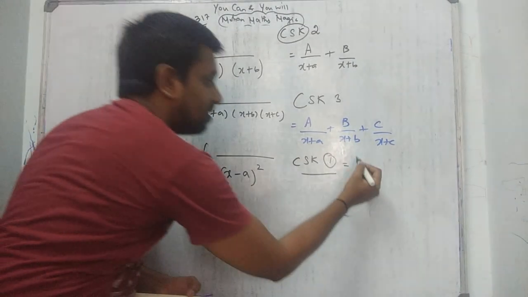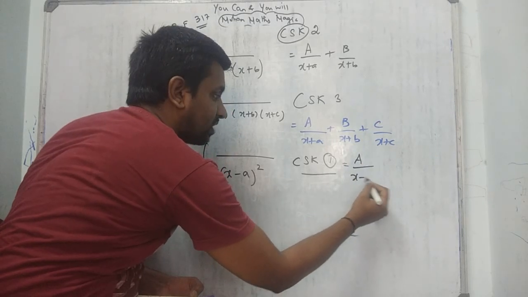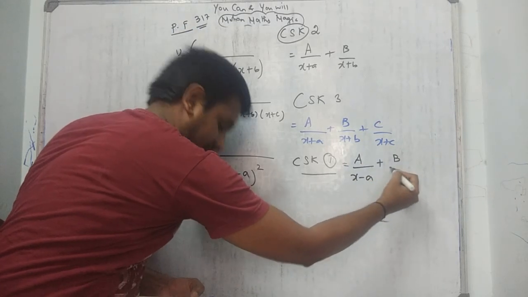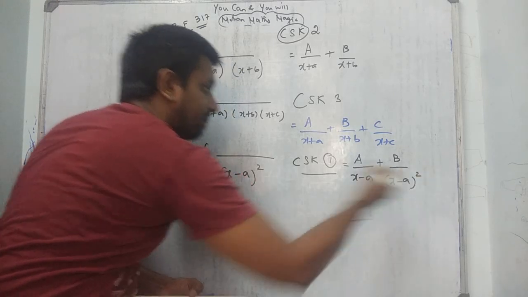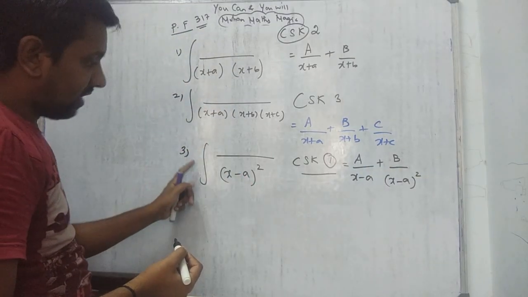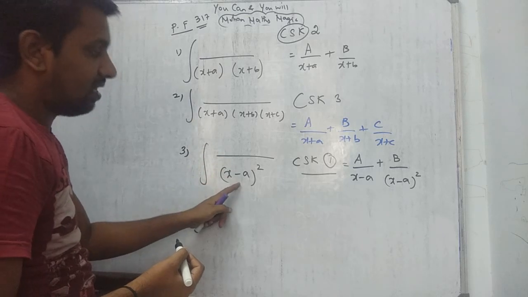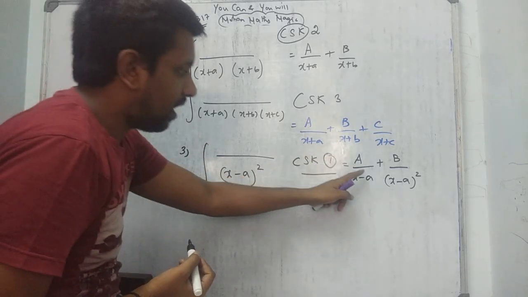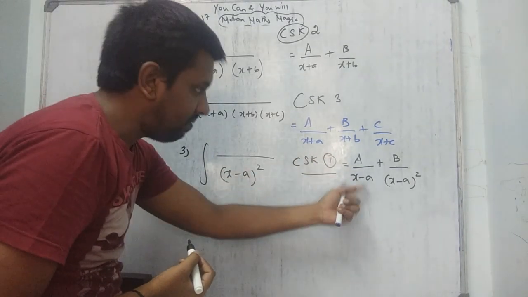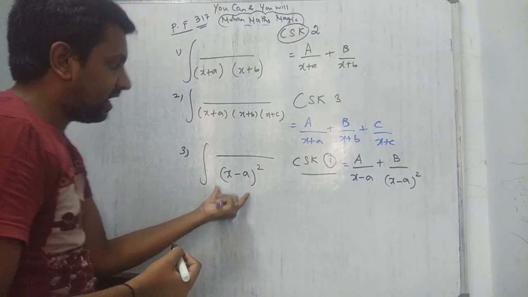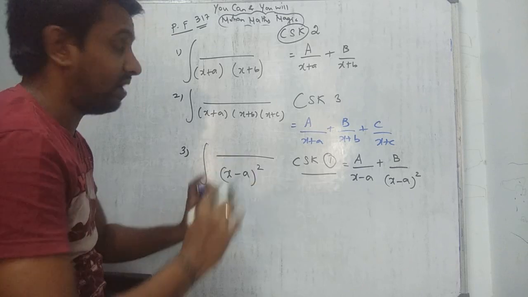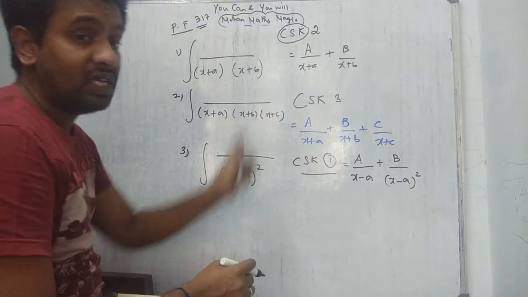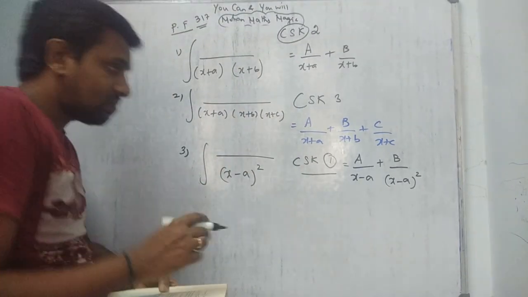The concept is A upon x minus a and B upon x minus a the whole square. I repeat, if the denominator is a whole square, A upon the single term plus B upon the entire term should come there. This is CSK1, whole square. CSK2 is 2 brackets, CSK3 is 3 brackets.